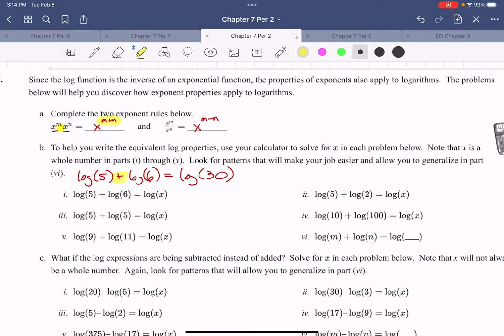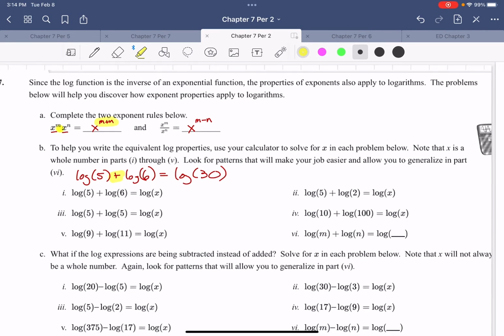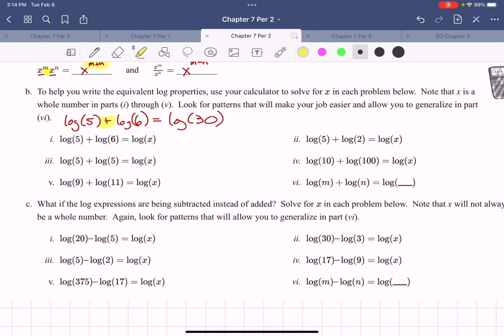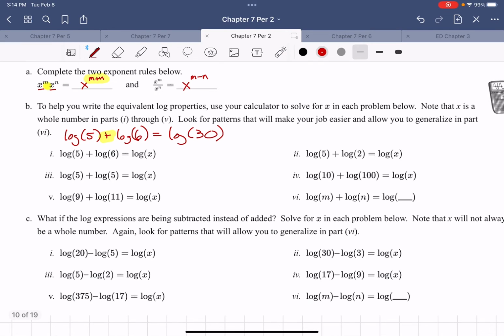You can use the calculator like I just said. And then down on C, so I should see all of these filled in on your paper. On C, you're trying subtraction. So I wonder how the exponent rule applies to subtraction. Again, 5 and 20, you only have so many options. You could add them. You could subtract them.